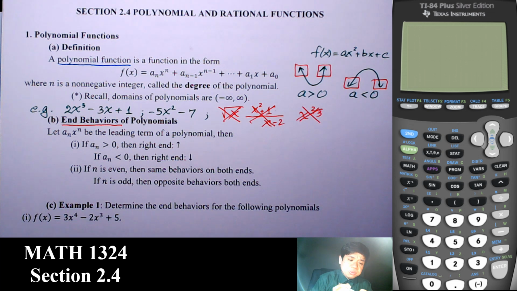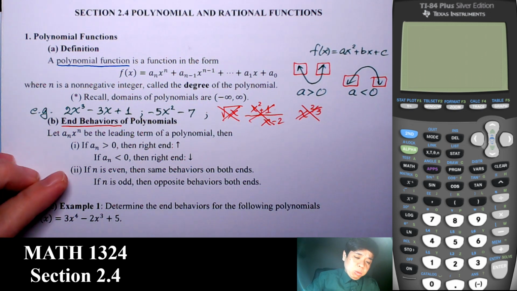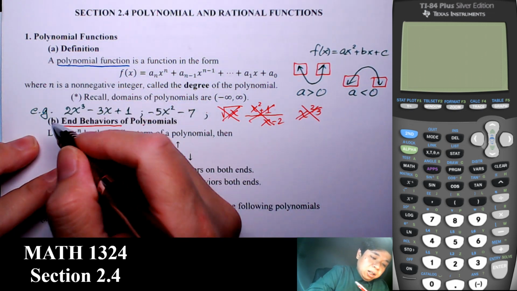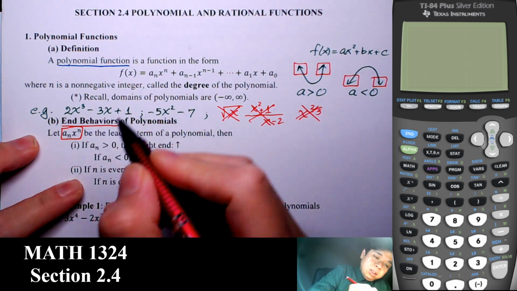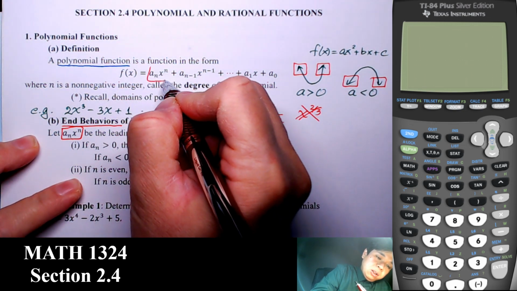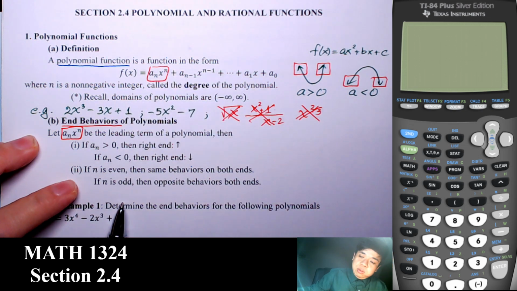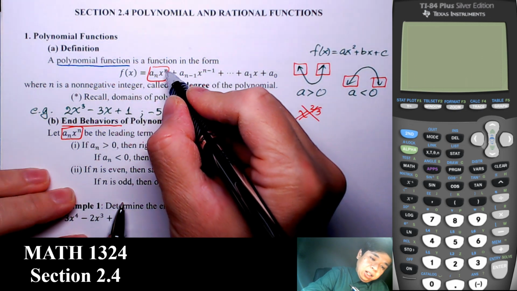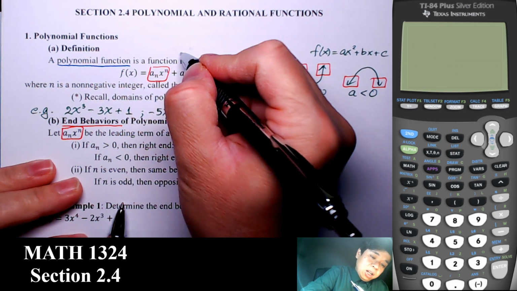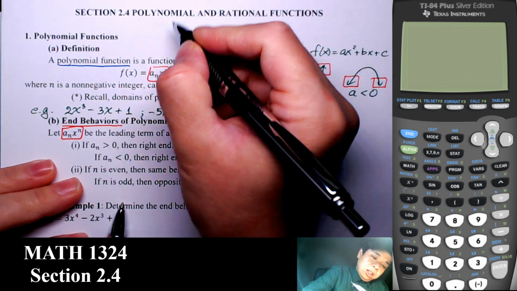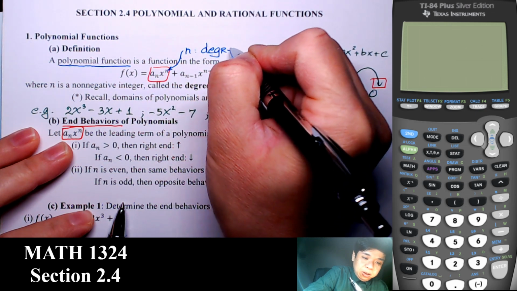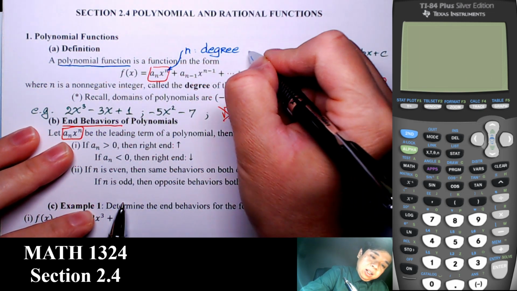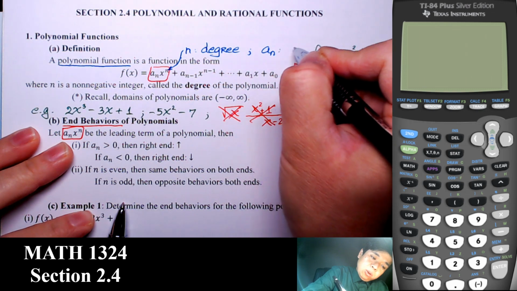For that we focus on the leading term, actually the one with the highest power. The power n of that highest power term is the degree of the polynomial, and the coefficient a sub n is called the leading coefficient.